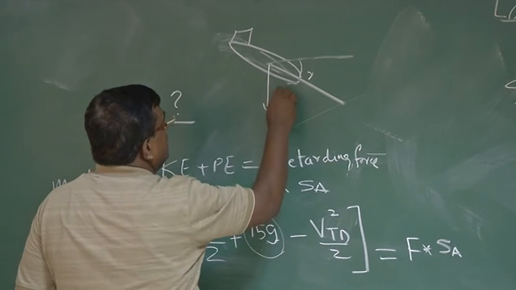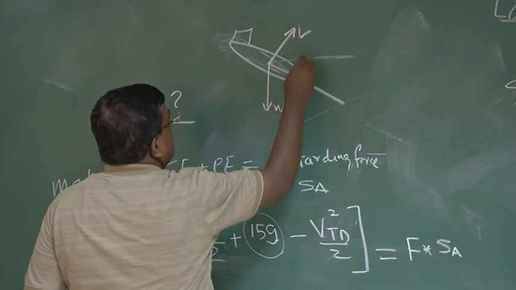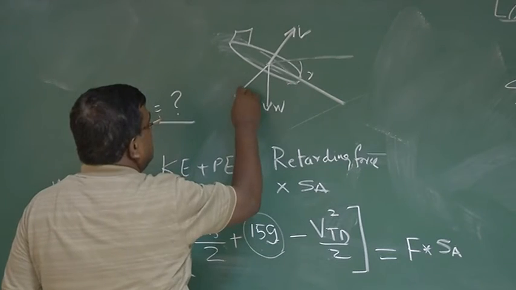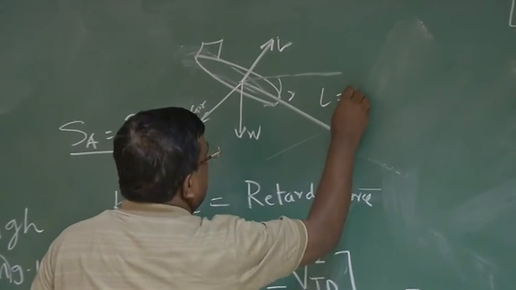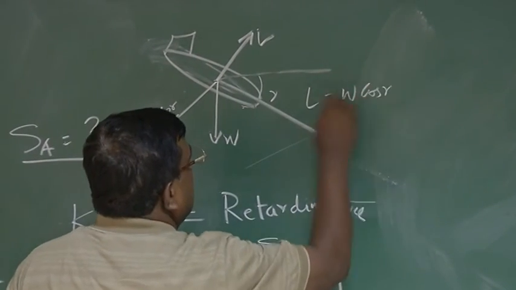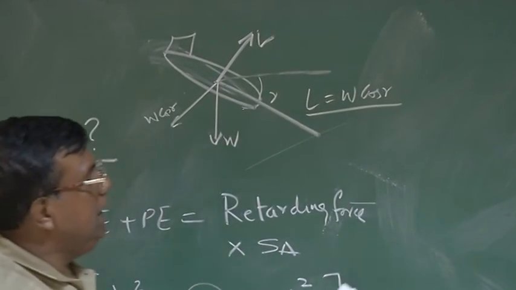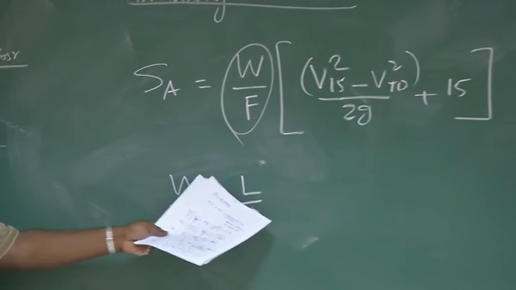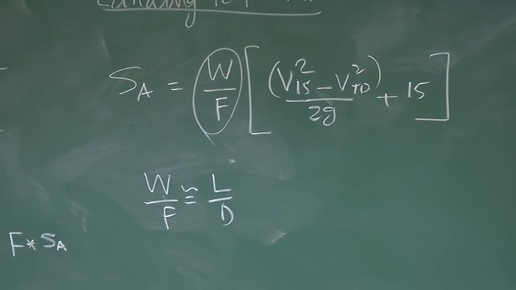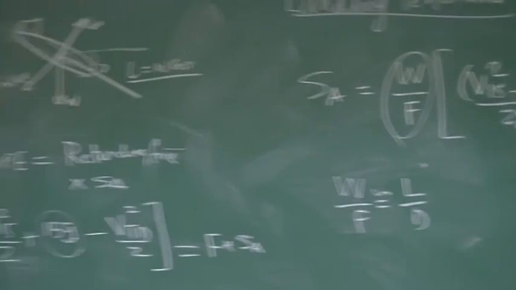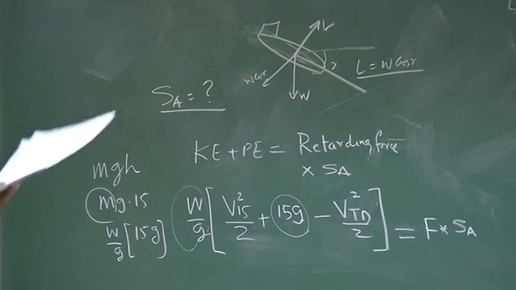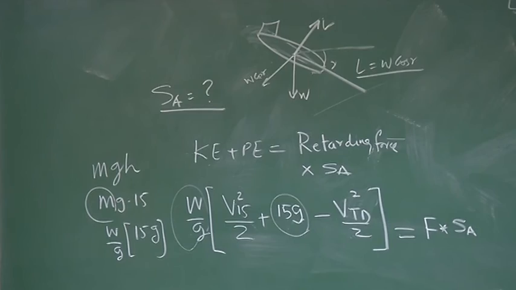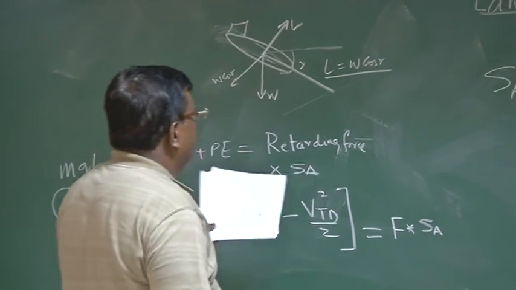This is W, this is lift, this is gamma, so this is W cos gamma. So L is actually equal to W cos gamma. But here W is replaced by lift. Why? Because gamma, I was telling you, 3 degrees, is a small flight path angle. So it's not a bad approximation.